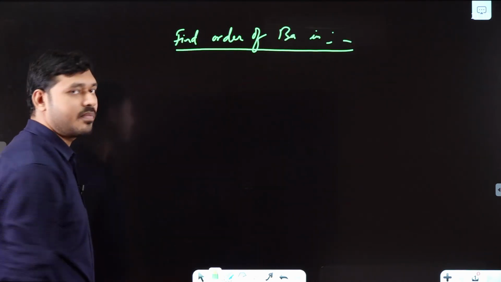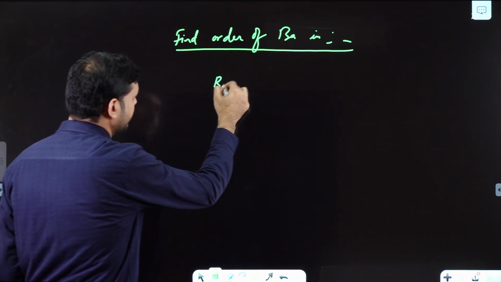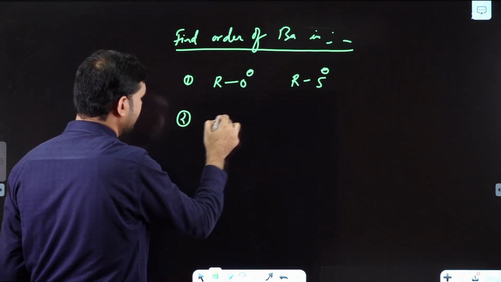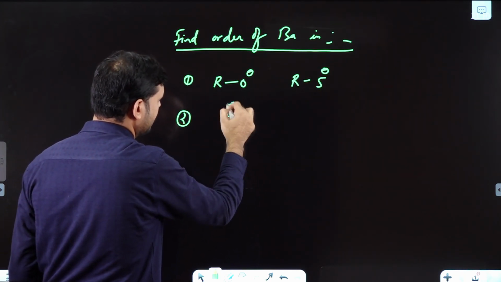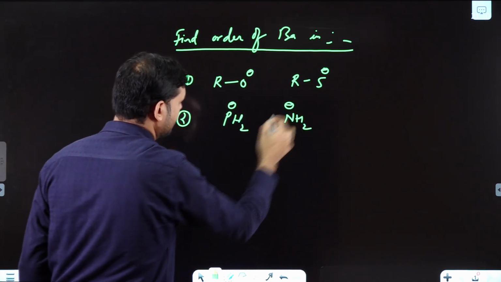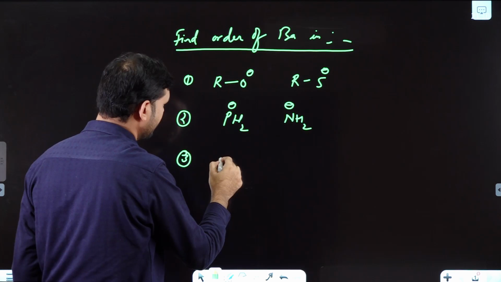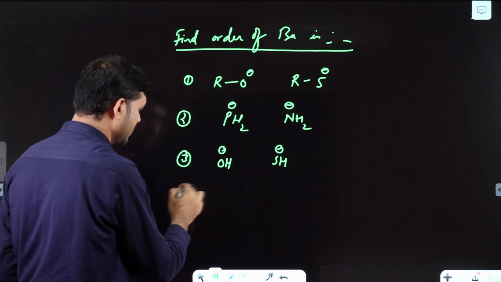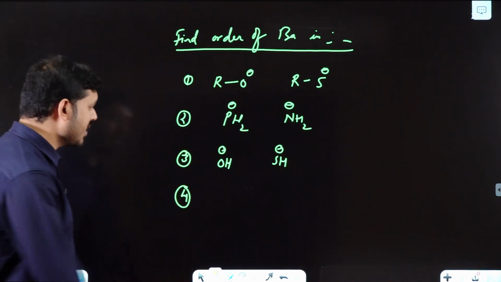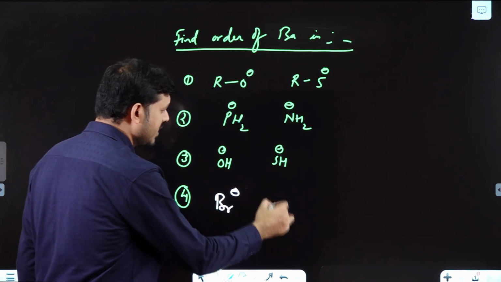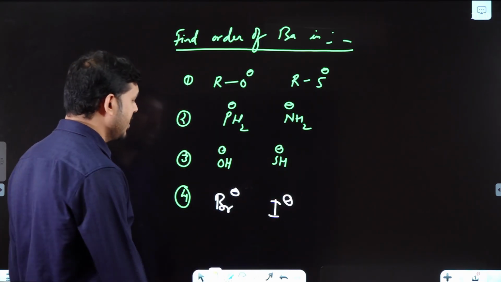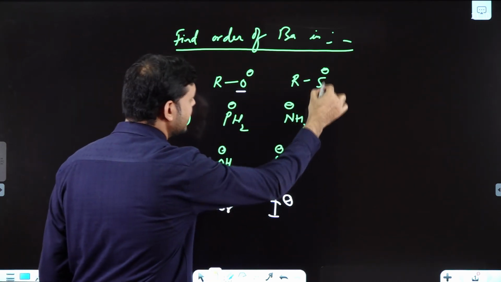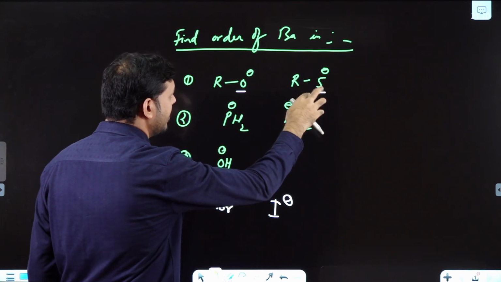Now in the given questions you have to find out the basicity order. In these cases you have to find out, say, the basicity order of Br minus and I minus. Then RO minus, RS minus, O minus, S minus: size bigger, so stable, lesser basic.